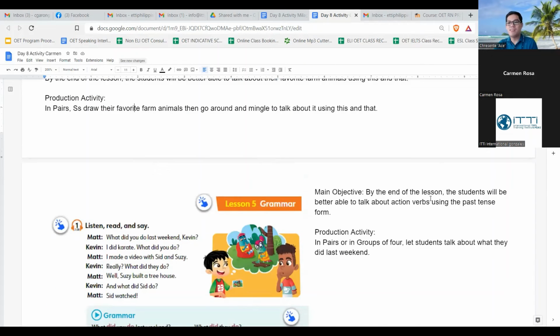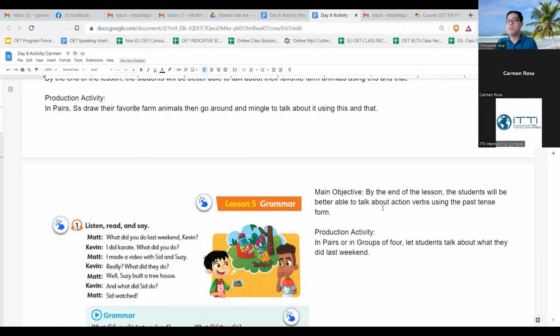By the end of the lesson, the students will be better able to talk about action verbs using the past tense form. Is it according to the book? Does it have the form? Yes, past tense, verbs, action. The function is missing. Action verbs, but what is an action verb?